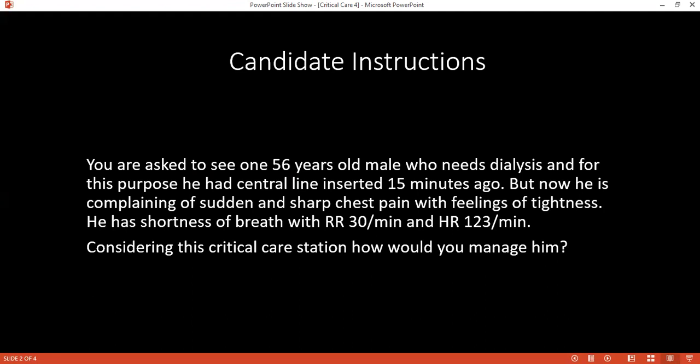I will check for any difficulty or obstruction in the oral cavity. What are the factors you look for? You'll look for the respiratory rate, respiratory rhythm, oxygen saturation, then the trachea, whether it is central.